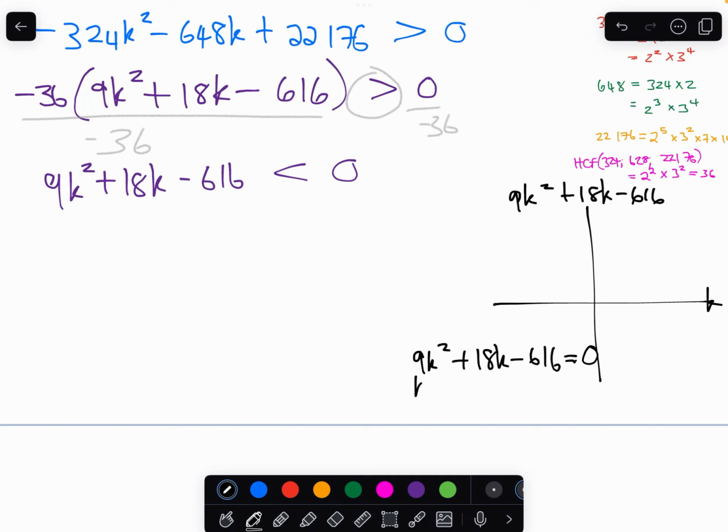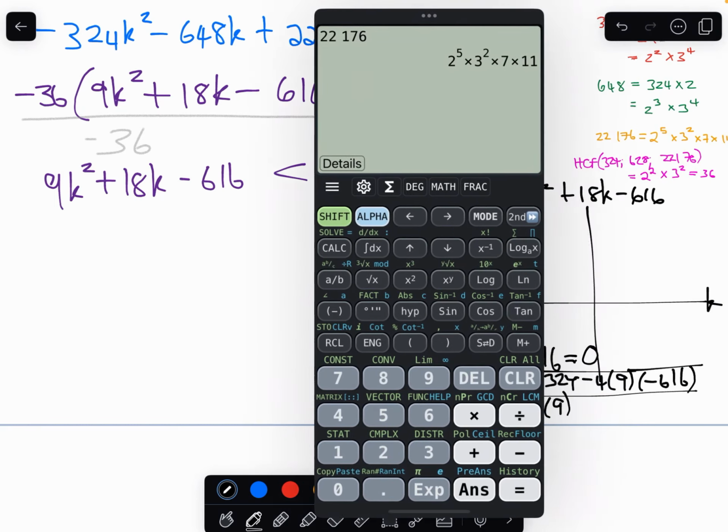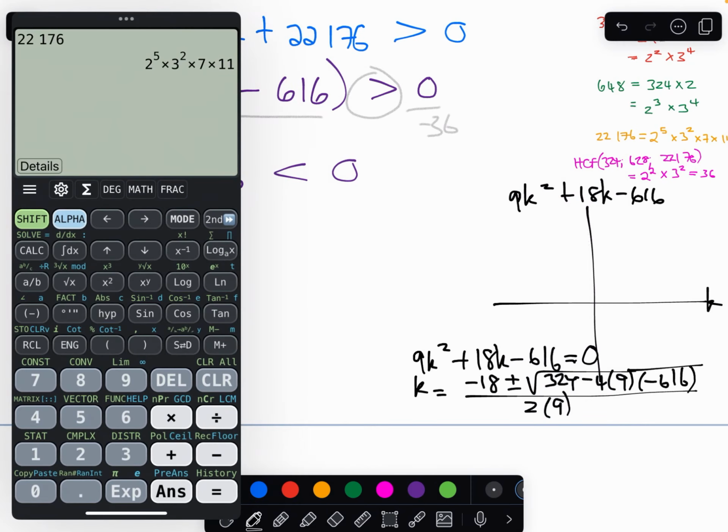And so we use the quadratic formula. So that will be minus 18 plus or minus the square root of 18 squared minus 4 times 9 times minus 616, divided by 2 times 9.